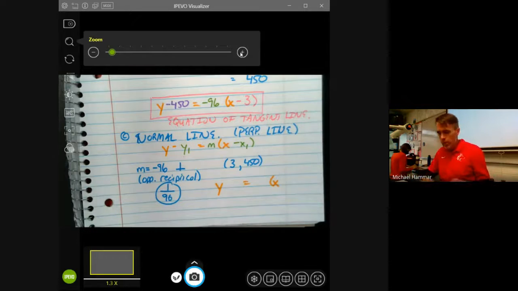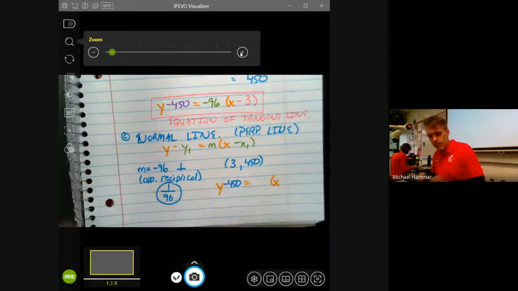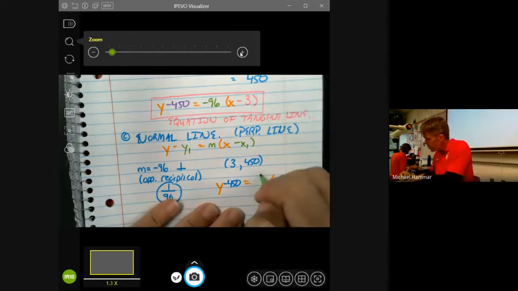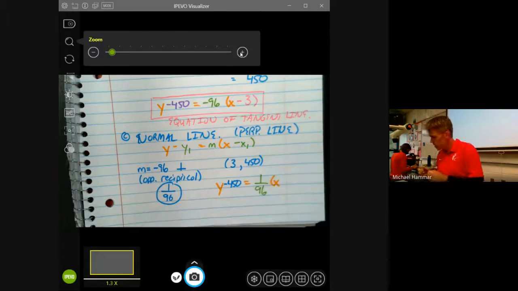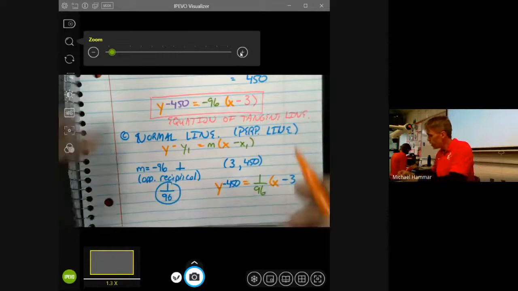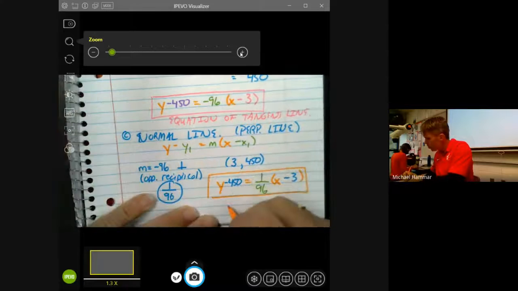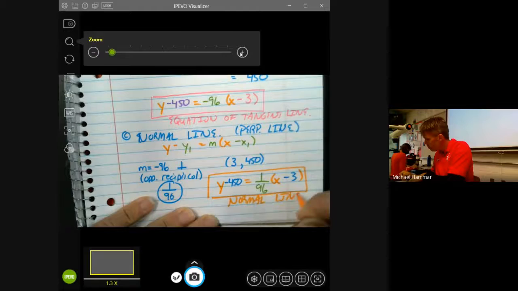First of all, our y coordinate is 450. Our slope, in this case, is 1 over 96. And our x coordinate is 3. So what is our equation for the normal line? This is the equation for the normal line.